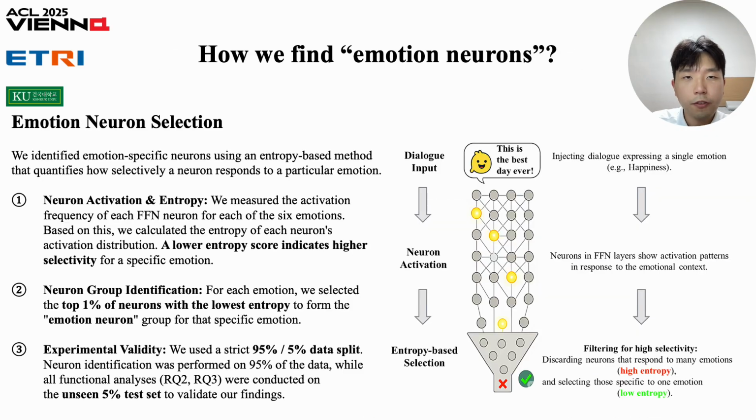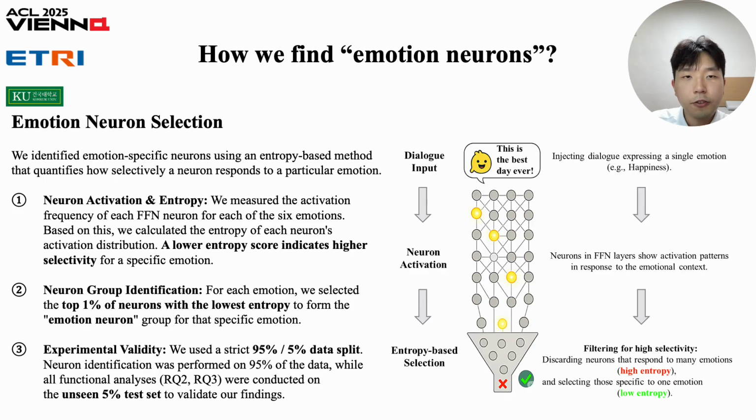So, how did we find them? We developed an entropy-based method. First, we feed our dialogues into the model and observe neuron activations. Then, for each neuron, we calculate its activation distribution across the 6 emotions and find its entropy. A neuron that selectively fires for just one emotion will have a low entropy.